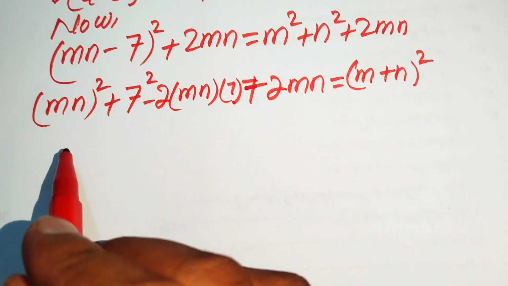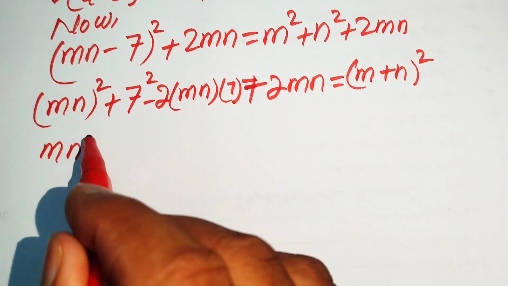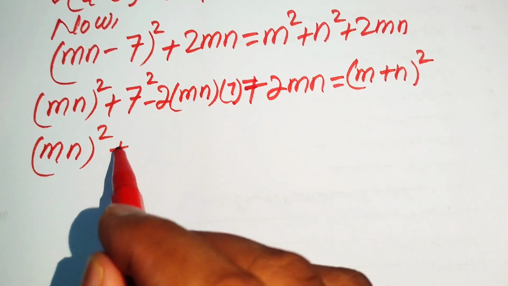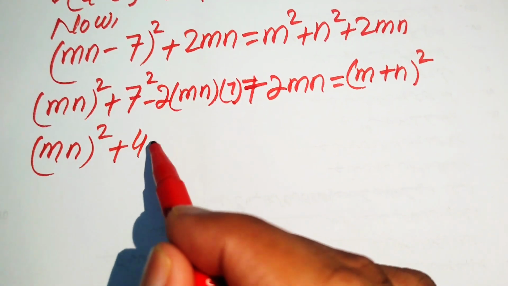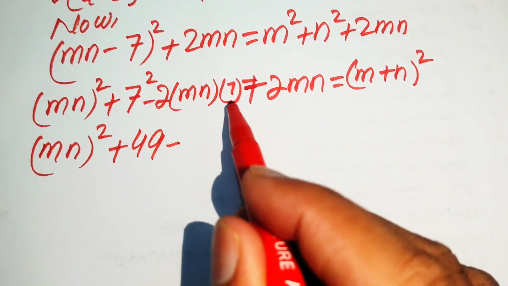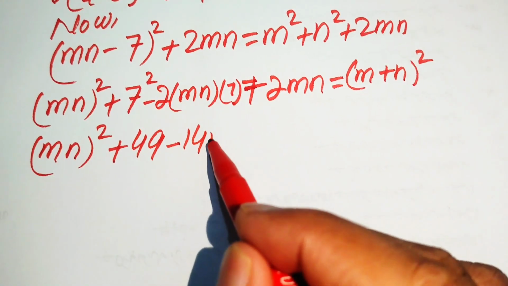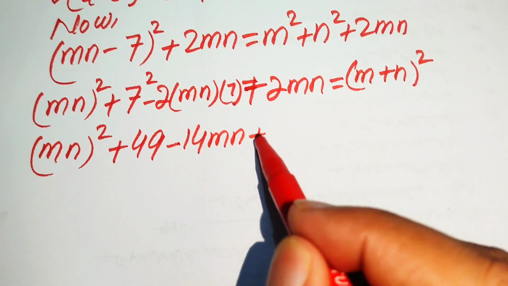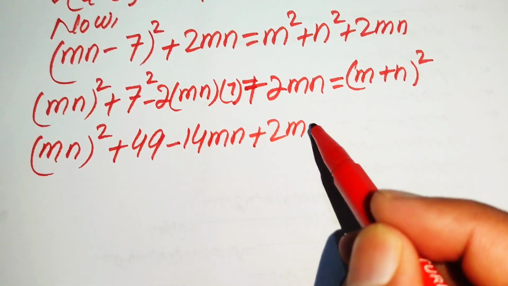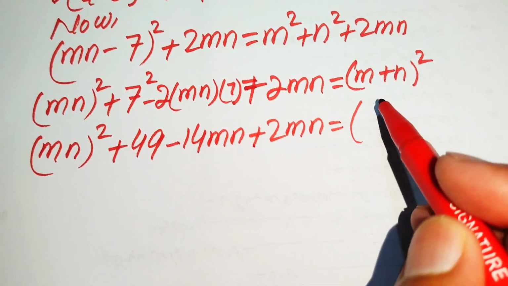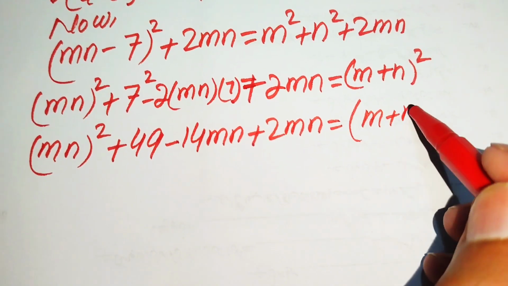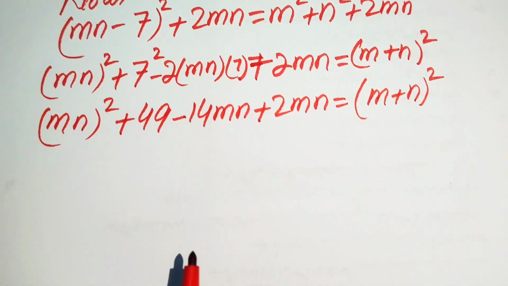So here we need a little bit simplification, and we write it as (mn) whole square plus, we know that 7 square becomes 49, and this 2 times of 7 becomes 14 of mn, and this is 2 times of mn, equals to (m plus n) whole square.